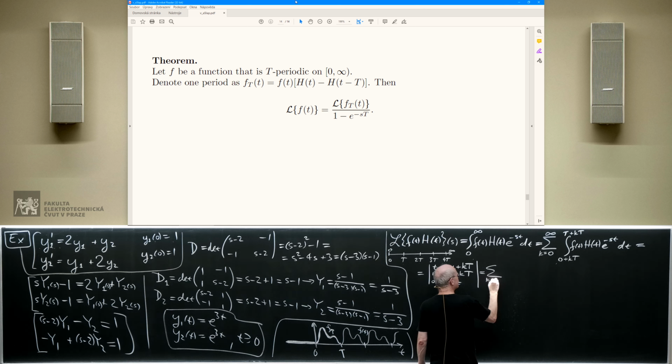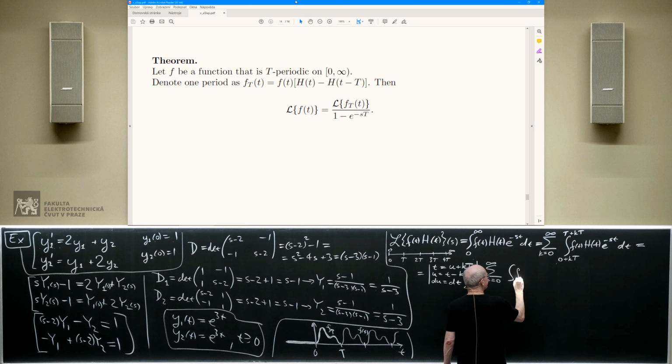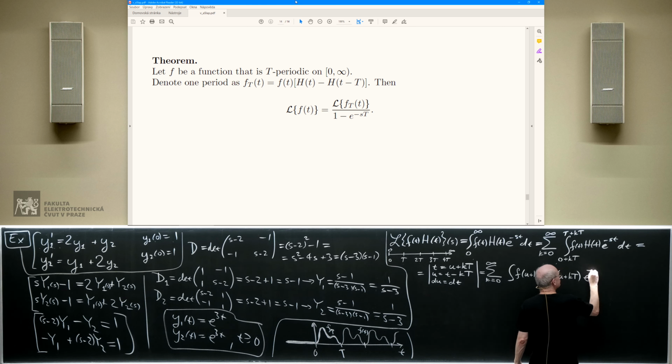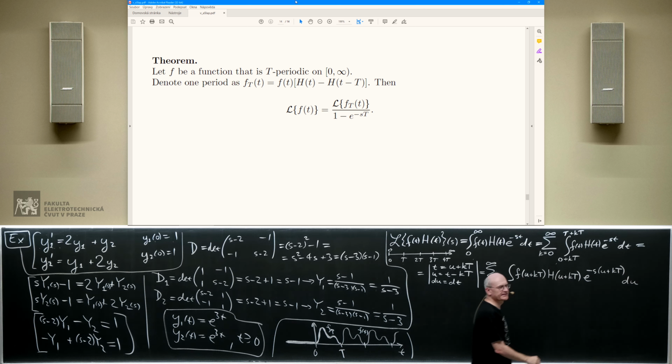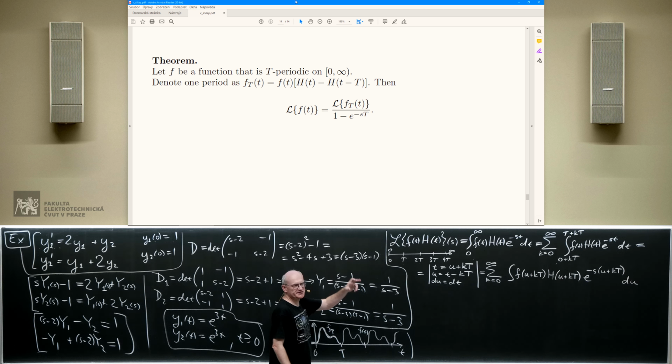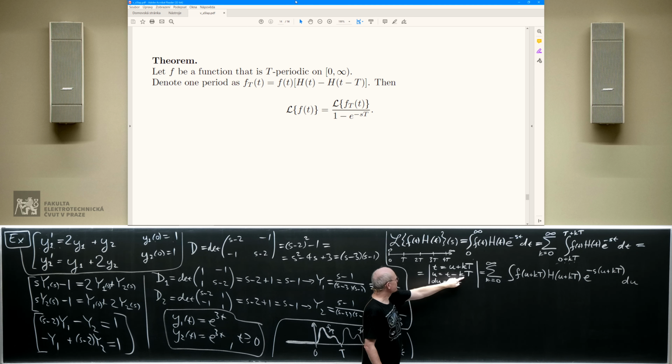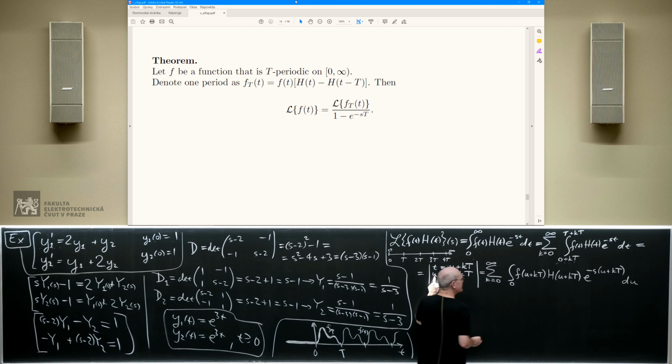My infinitely many integrals are now transformed into integrals of f(u + kT), Heaviside function h(u + kT), e to minus s times (u + kT), du. And the interesting thing is, what are the limits for my new integrals? Let's have a look at it. Well, lower limit, 0 plus kT. That's the limit for t, it is kT. When I subtract, for u the limit is 0. Wonderful.